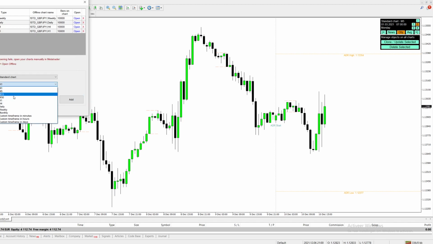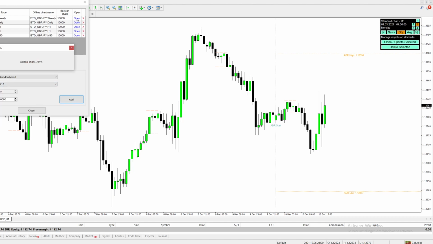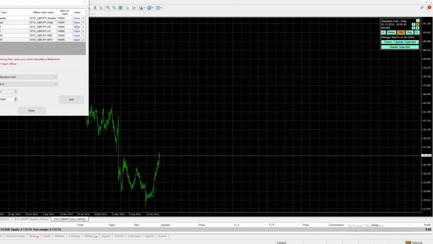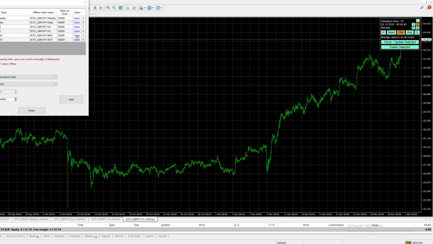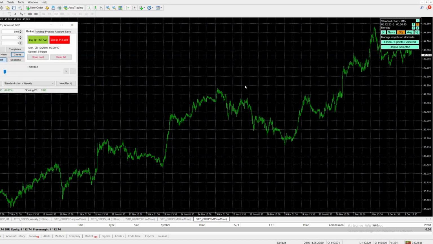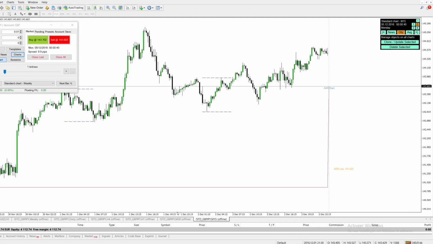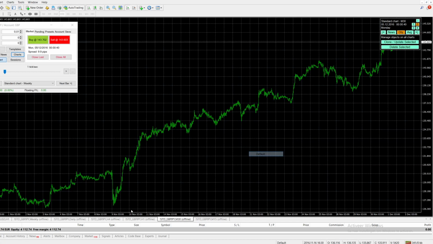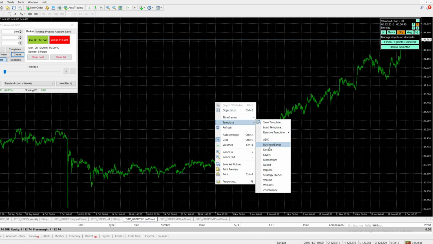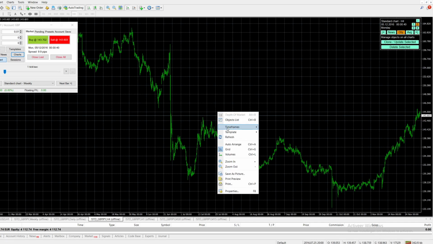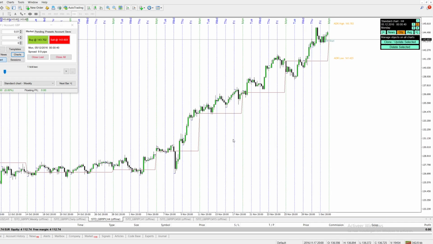1 hour, 30 minutes. Right, so open them up. Or let's slap on the right layout. Once again, I use the weekly open as an indicator on this chart. I use the ADR so I can know what the daily range should be.